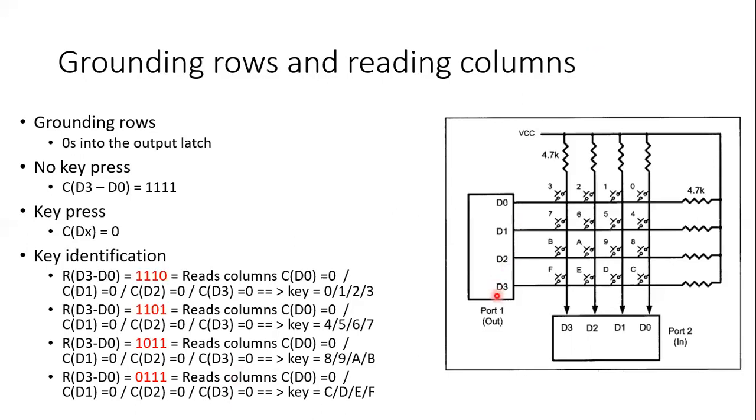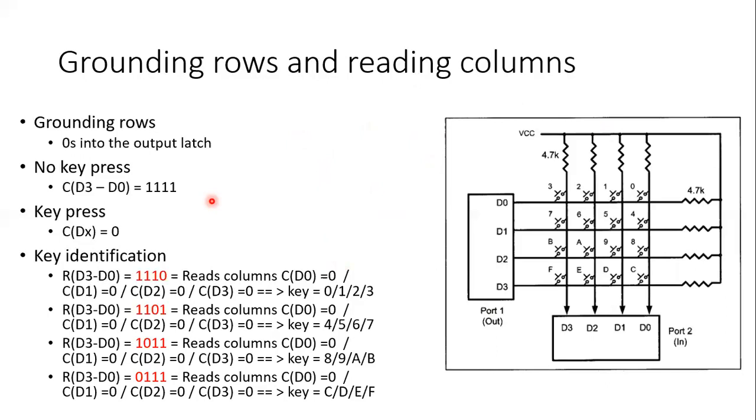By setting the D3 bit to 0, if any of the columns is having a value 0, then the corresponding key could be identified easily. The key in that particular setup would be C, D, E or F. Understand? This is a very important thing that you have to know.